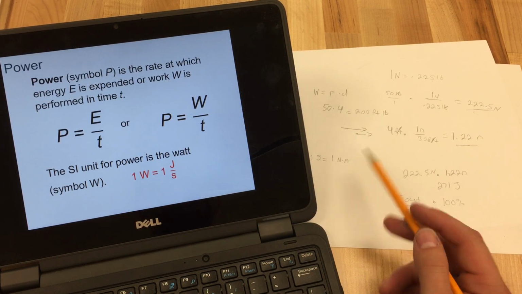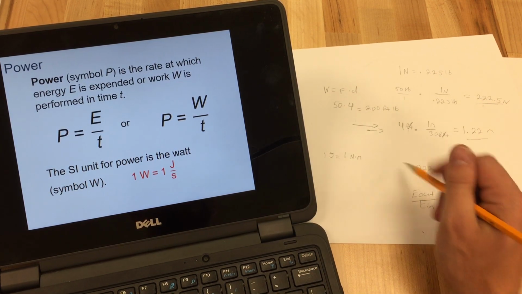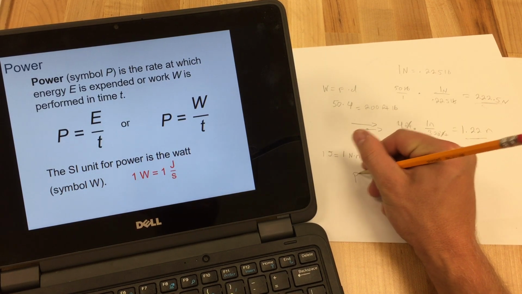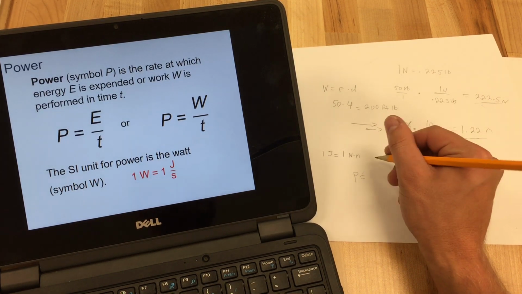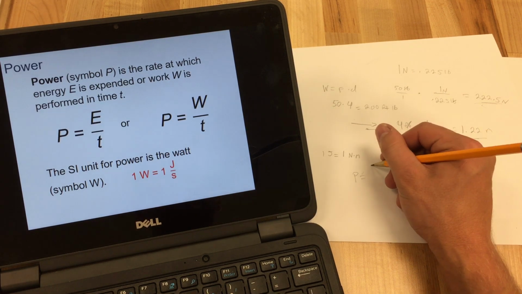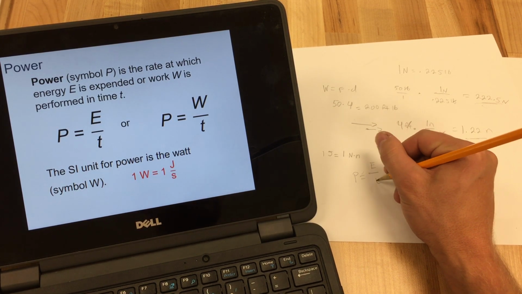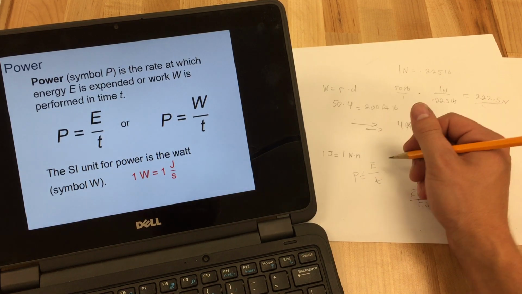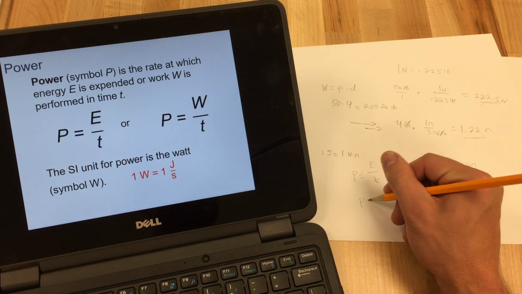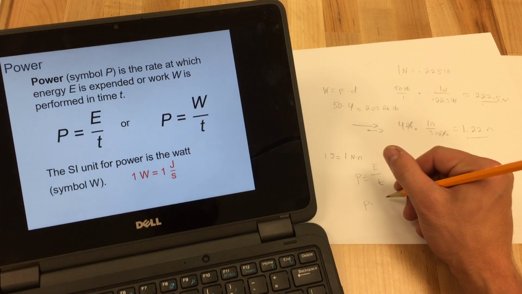Some other formulas to keep in mind. Power. To calculate power, P equals E over T, with E standing for the energy expended and T being time. So how much energy is expended over time, or P equals how much work is performed over time.